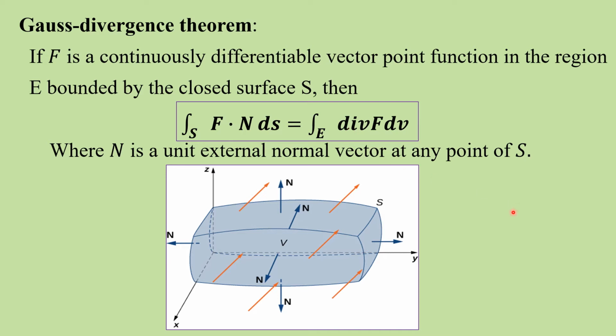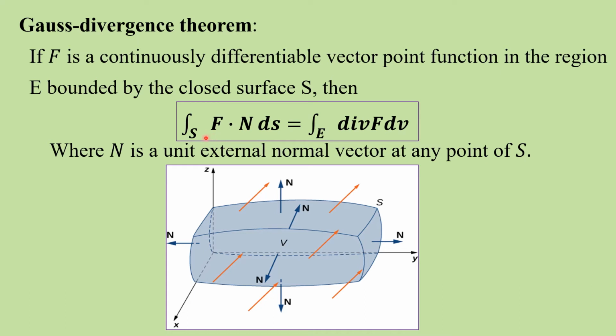Now, for example, if your vector point function f represents the velocity of a fluid particle, then the total outward flux of f across that closed surface S is nothing but the surface integral of f. Already we have discussed the interpretation of the surface integral.